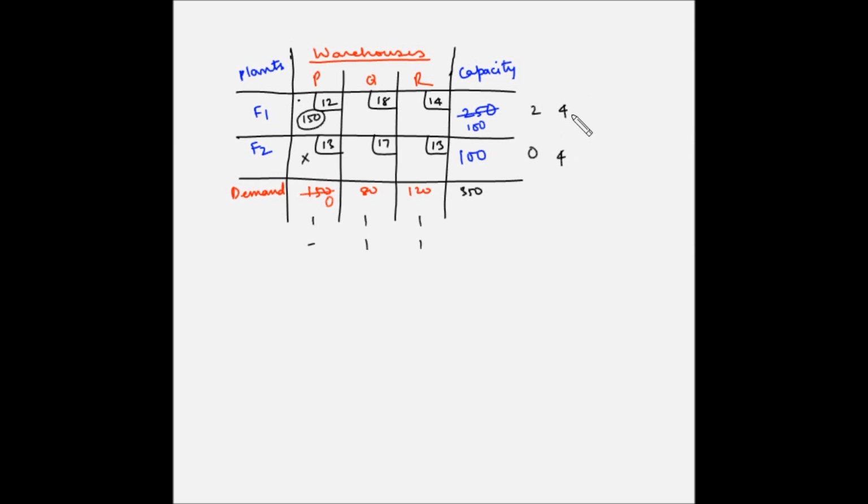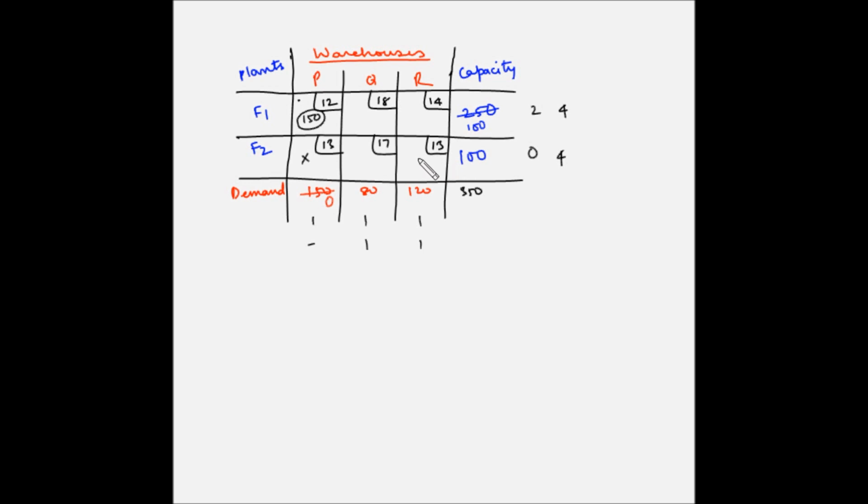So let's first compare the unit cost. For the first row, the lowest unit cost is 14, while for the second row, the lowest unit cost is 13. So we should select the second row because we get the lower unit cost if we select this row.